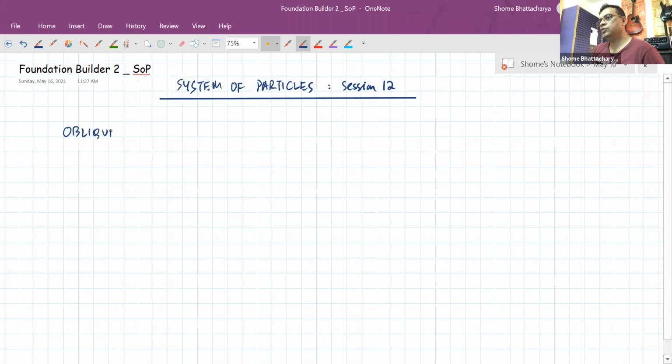So, oblique collisions of two particles or bodies.